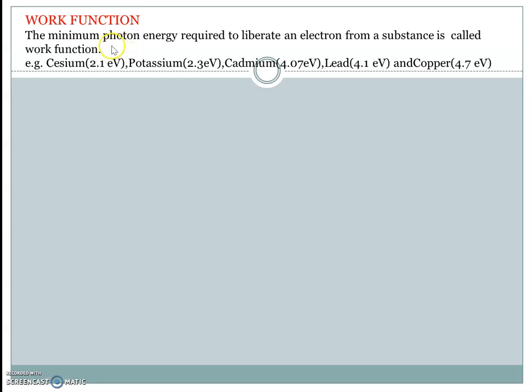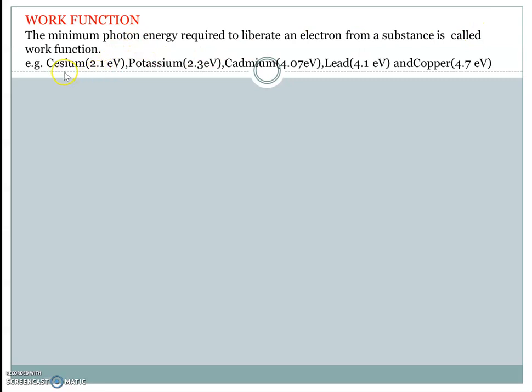Now to remove the electron from its orbit and to remove the substance, some energy is required because there is attraction between electrons and nucleus. That amount of energy required to remove the electron from substance is called work function.